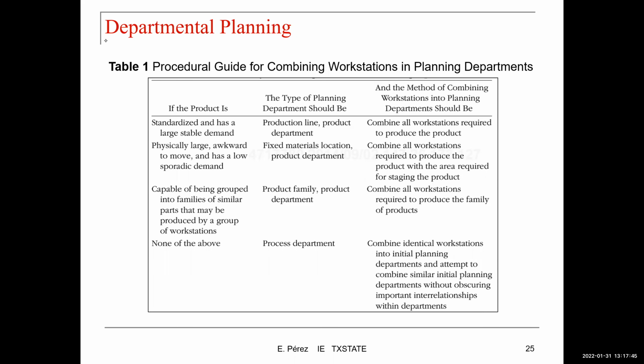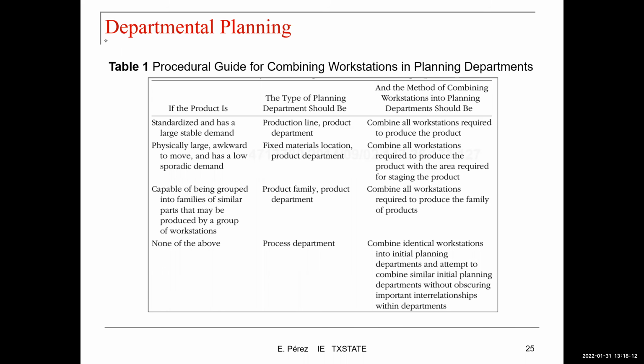And the method of combining workstations into planning departments should combine all workstations required to produce the product. So you're not going to have a bunch of machines that are the same in the same department. You're going to have all the machines that are needed to produce that specific product in the same department. And that's when you have a product that is standardized and has a stable demand.